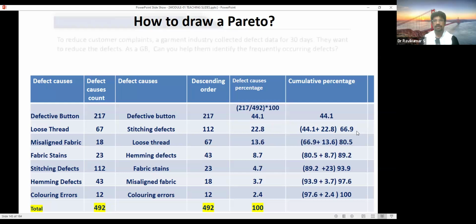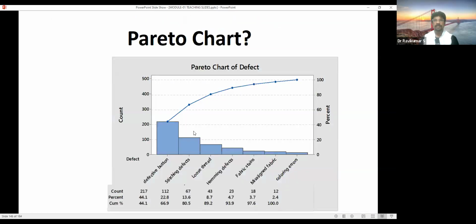Now it's time for us to plot it. How? You can see here the defective button has the maximum number of defects. How many defects, at the bottom you can see, it is 217. So you draw a histogram bar for 217. Then comes the stitching defects. You have to ensure that it is arranged in descending order.